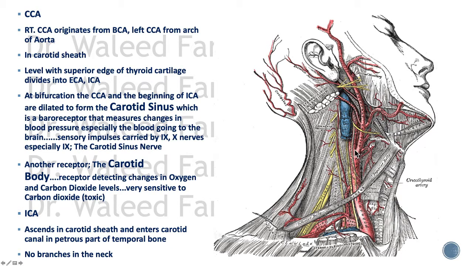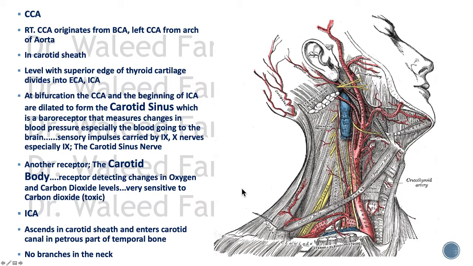It detects the changes in oxygen levels, and in some books you will see that they state it measures mainly the CO2 levels, because the CO2 is the toxin here. I will go with the opinion that it's most sensitive to changes in CO2 and O2 as well. So these are about the carotid sinus and carotid body.